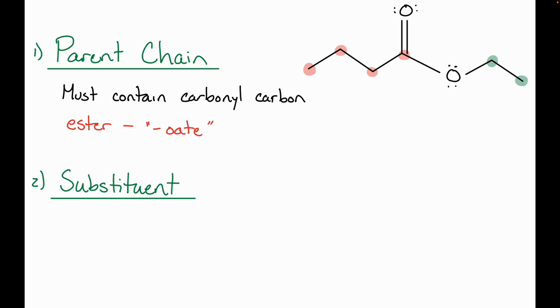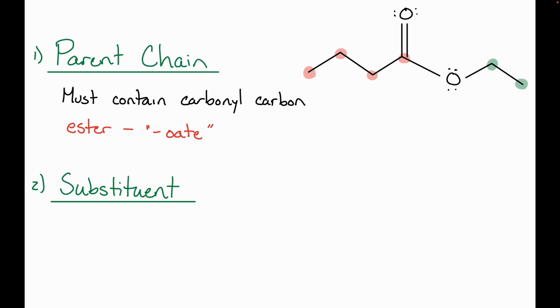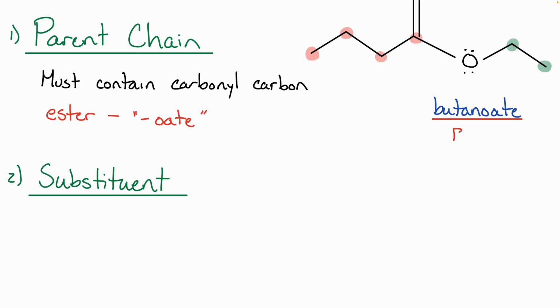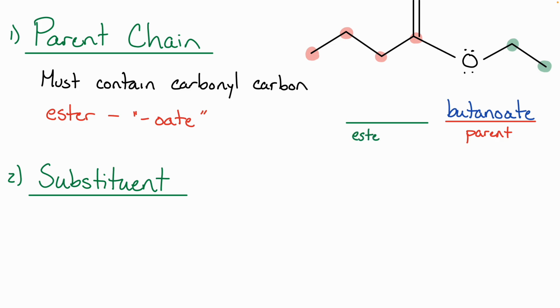All right, so my parent chain here is this 4-carbon butanoate. That's the parent chain fragment. Now what we're missing is the other half of our molecule here. We're going to call this a special type of substituent, our ester substituent.